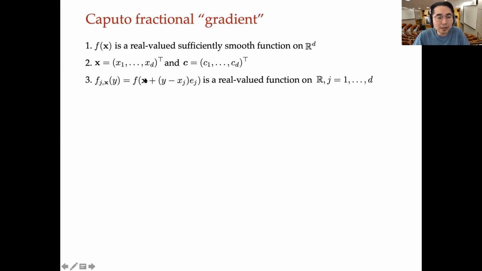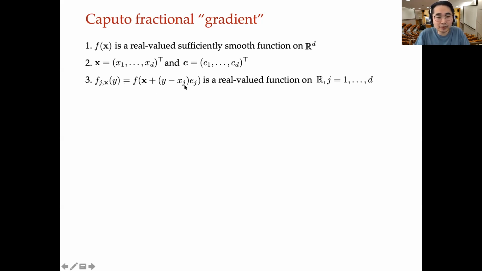This is nothing but, for fixed x, so you can think of x as a constant, and now our variable is y. We are just changing the j-th component. Here e_j is the standard basis vector.